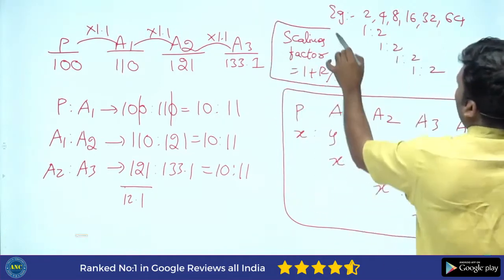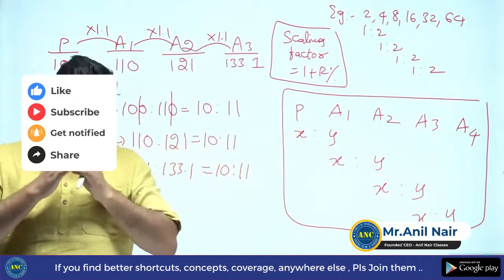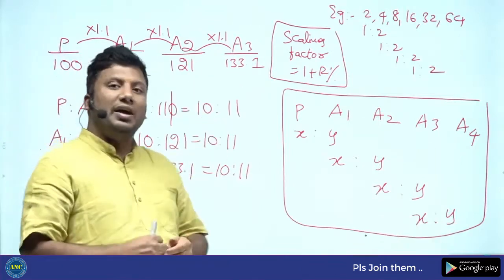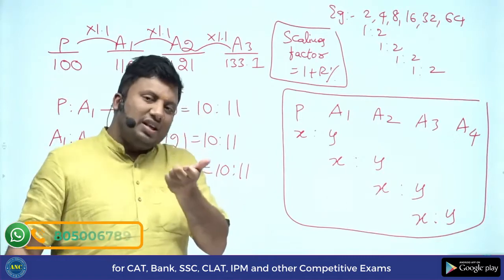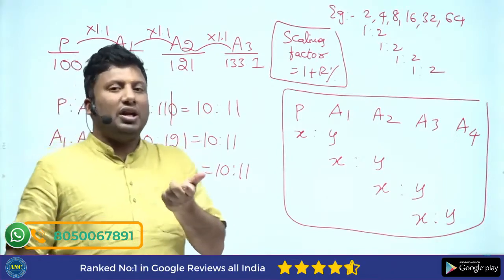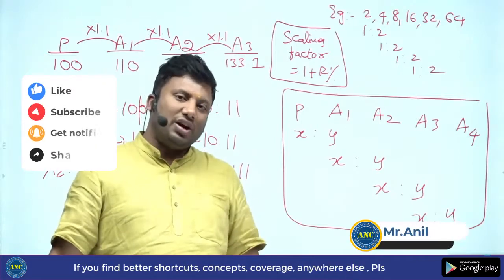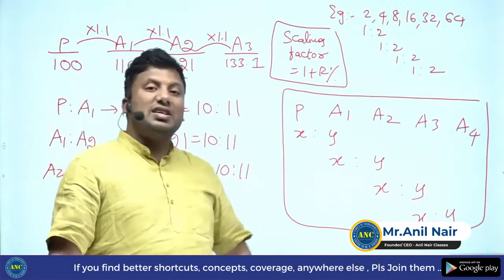If amounts at the end of the year are in geometric progression, then the common ratio is given by the scaling factor. Please write down in your notebook.